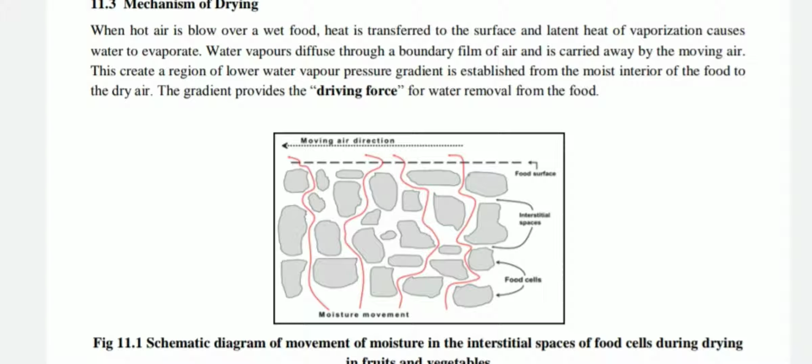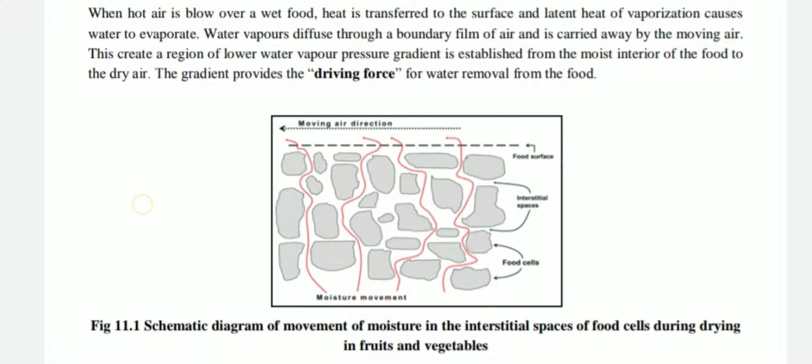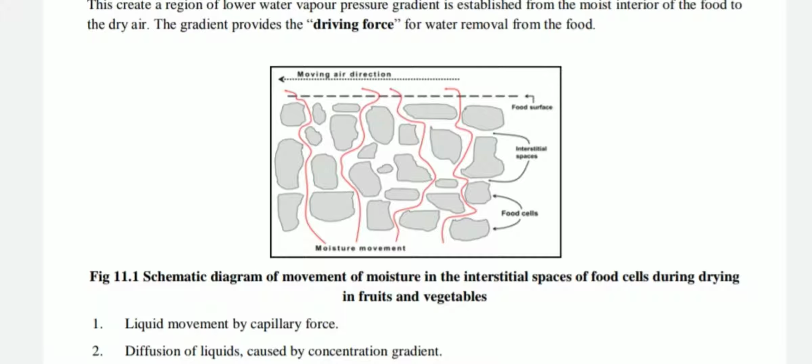Because there is higher moisture content within the food system and lower moisture content outside, because of the hot air movement, the gradient is established, and the movement of moisture in the form of vapor becomes the driving force for the removal of water from the food.